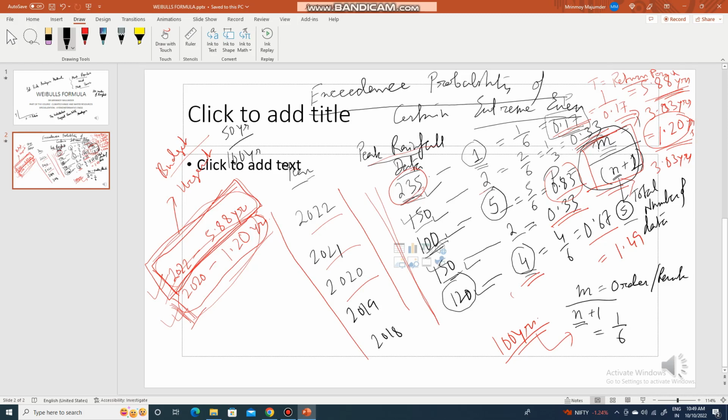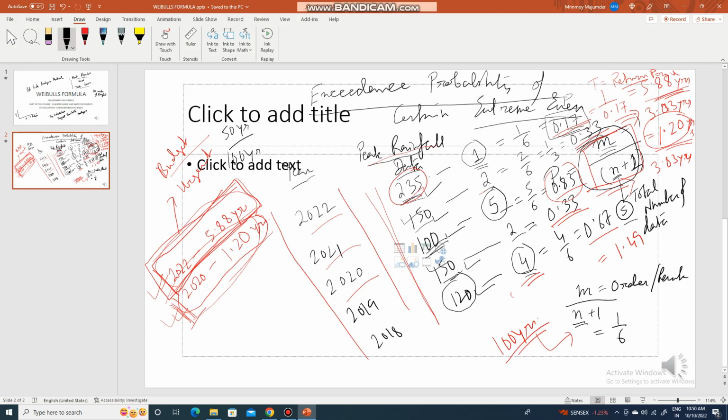If there were 3 events that had the same rank, then the next one should have been assigned the rank of 5. Suppose this is also 150. So this should become 2, 2, 2, so 3 points are taken. So the next highest event will get the rank 5.